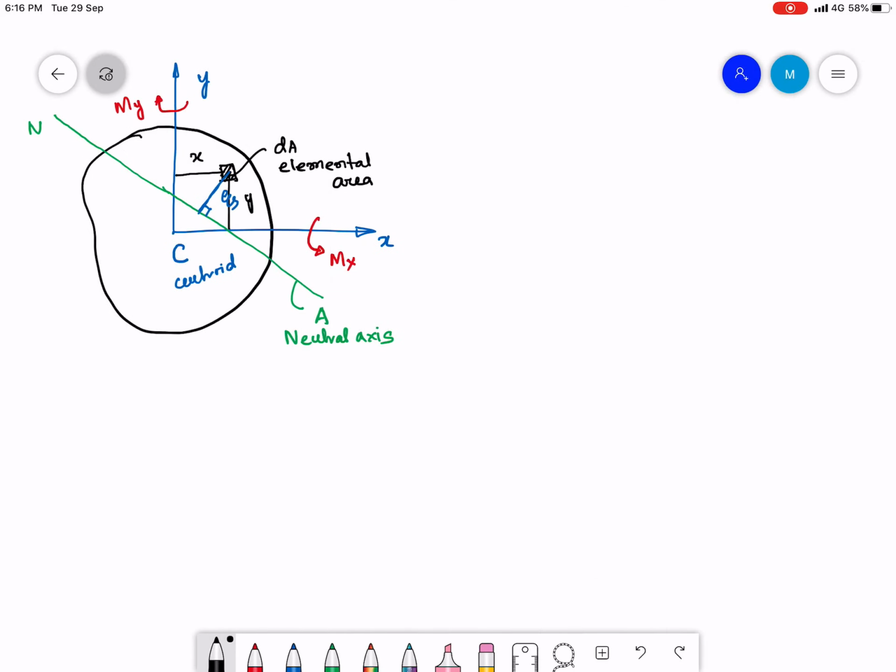So zeta is the perpendicular distance of the elemental area dA from the neutral axis.